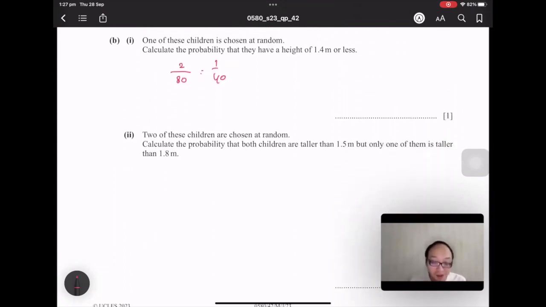2 of these children are chosen at random. Calculate the probability. Both children are taller than 1.5, but only one of them is taller than 1.8.